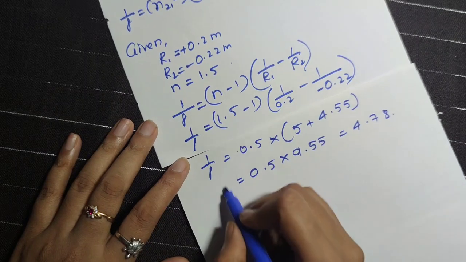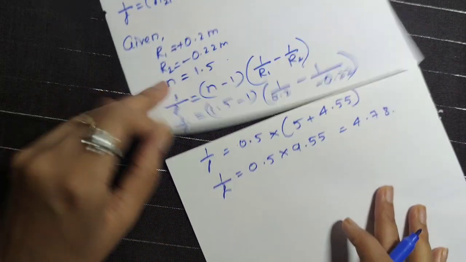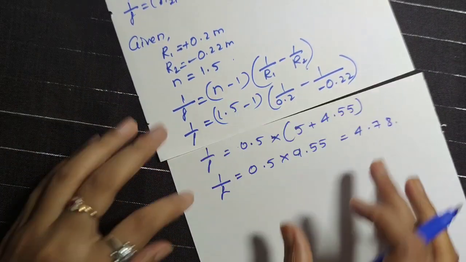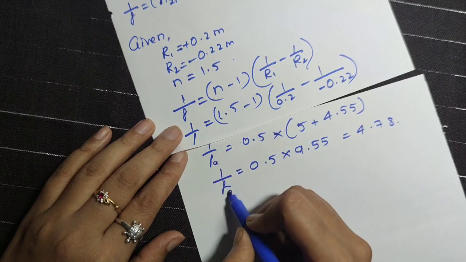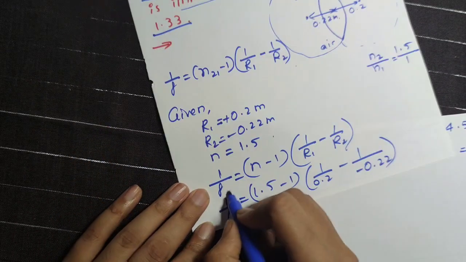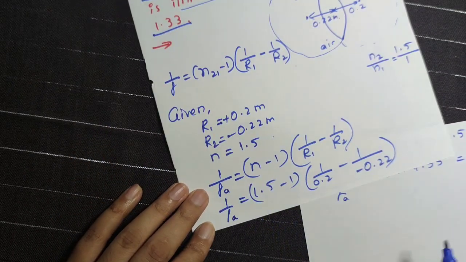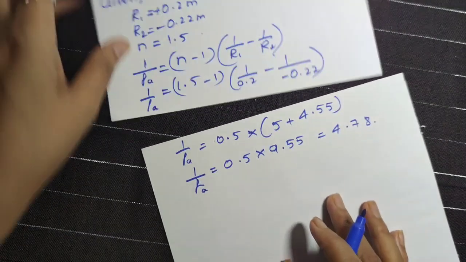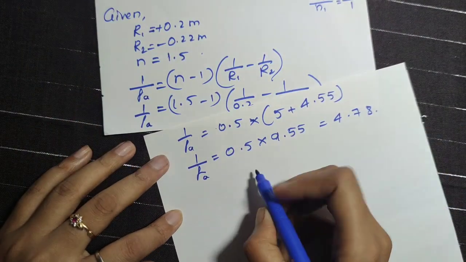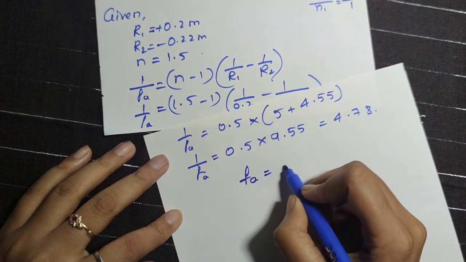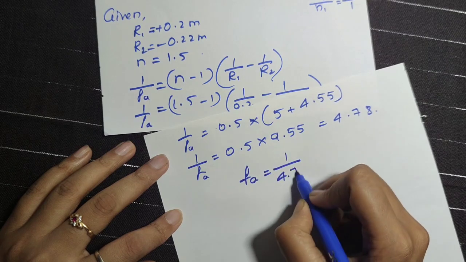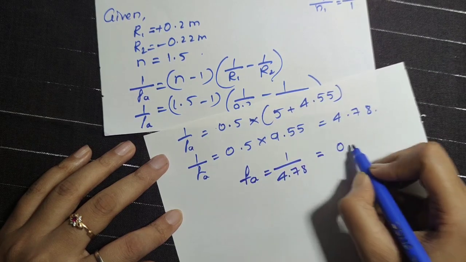This is the value of 1 by f when the lens is in air. Taking the reciprocal, fa is 1 divided by 4.78, which is equal to 0.21 meter.